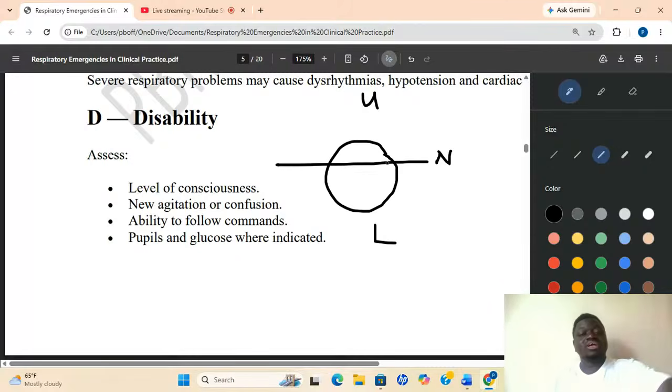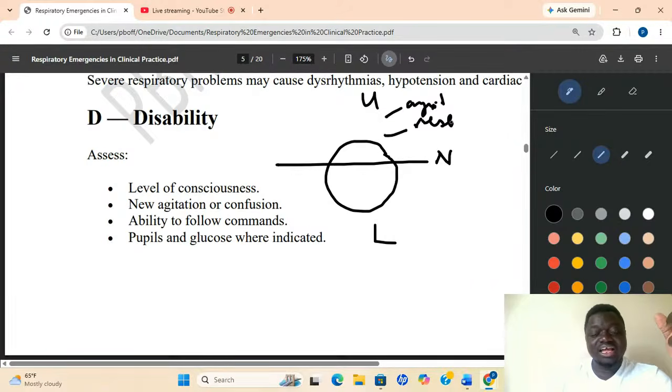When you are doing assessment, you realize that the patient is exhibiting upper brain functions: agitation, restlessness, inability to maintain concentration. They call them the uppers.